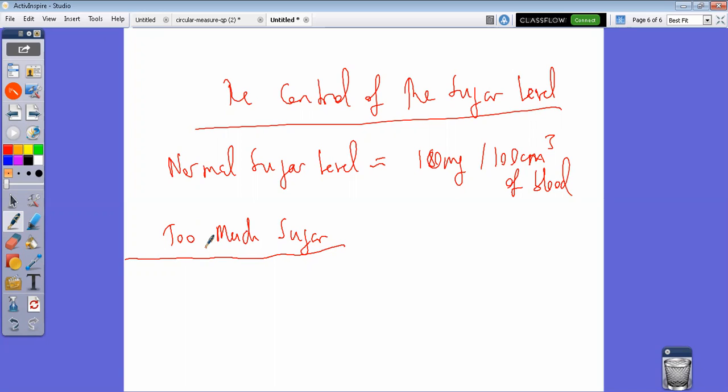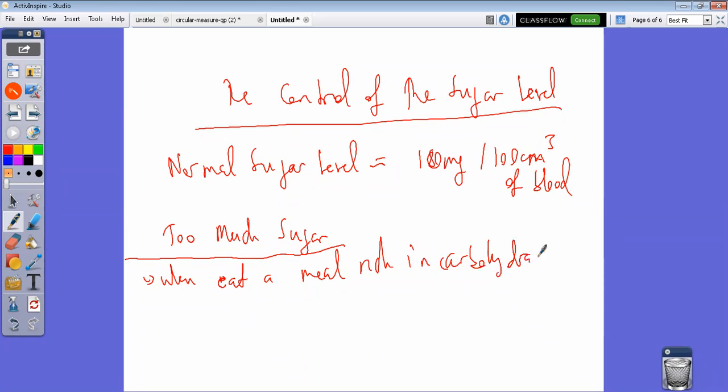So some glucose will increase the sugar level in the blood. Are we together? When you eat a meal rich in carbohydrates, it takes time to digest.